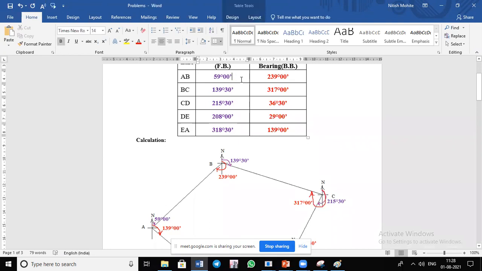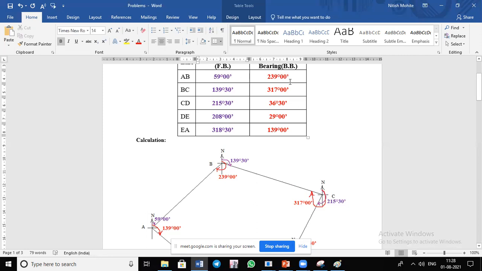Just add 180 degrees to that and check whether the back bearing of that line comes out to be that or not. So 59 degrees plus 180 degrees gives me 239 degrees.